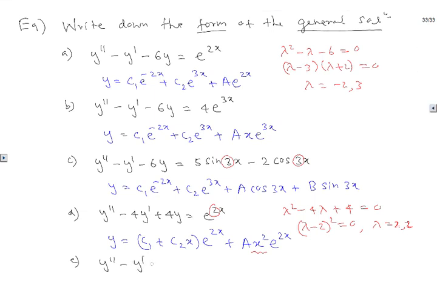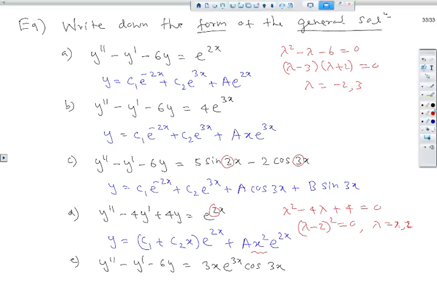So y double prime minus 6y equal, let's say, 3x e to the 3x cosine 3x. It's a product, so we can write one by one, but still remember you don't want to write a coefficient for exponential term because it's going to carry over with the others. So let's use that argument.